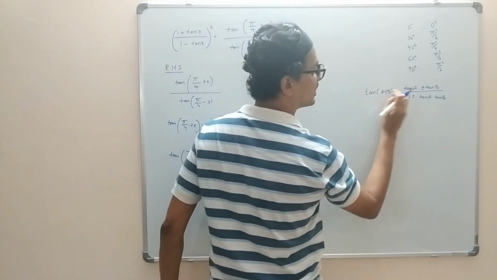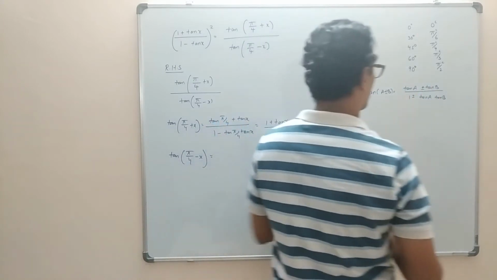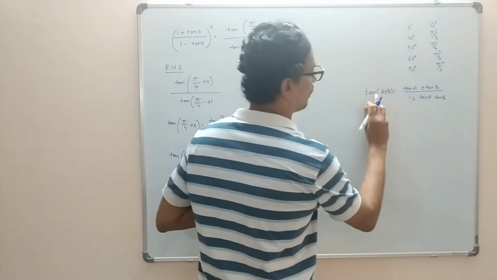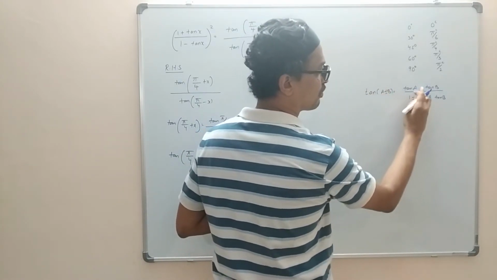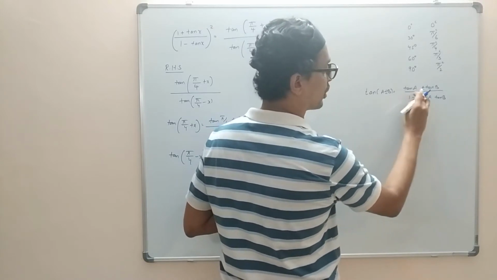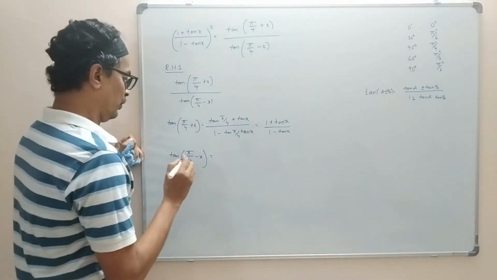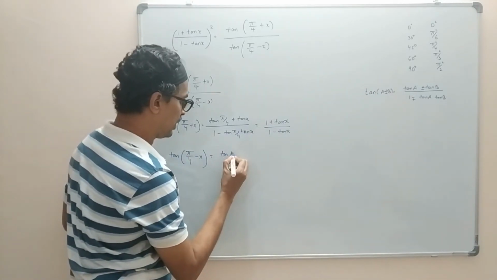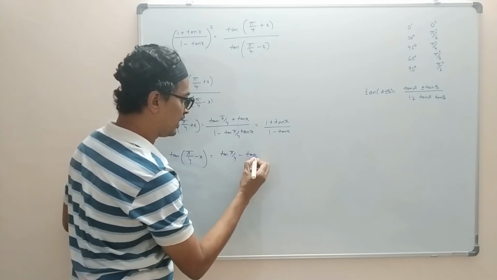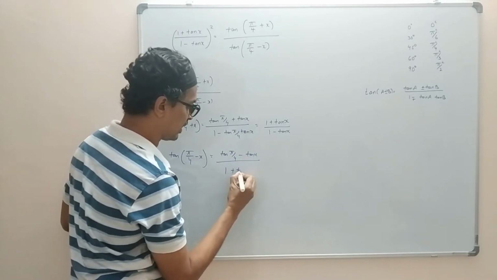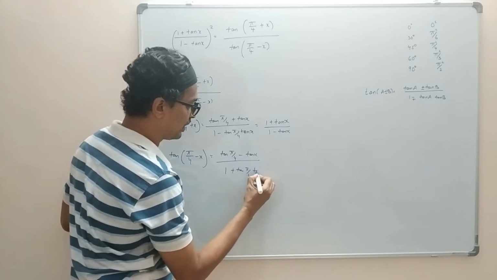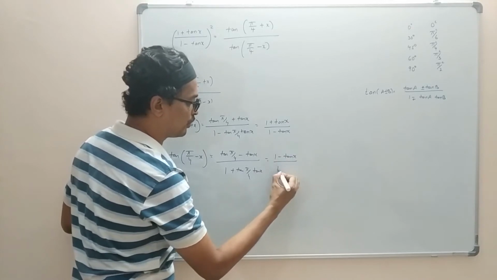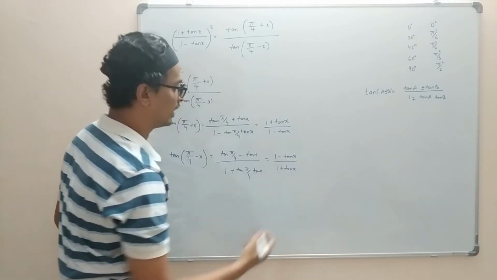When it is plus, take the top values; when it is minus, take the bottom values. So tan(pi by 4 minus x) equals tan pi by 4 minus tan x divided by 1 plus tan pi by 4 tan x. Since tan pi by 4 is 1, it is 1 minus tan x divided by 1 plus tan x. Already got the answer, correct?